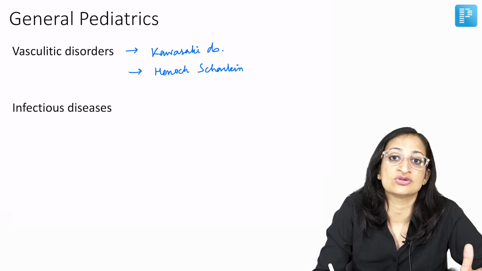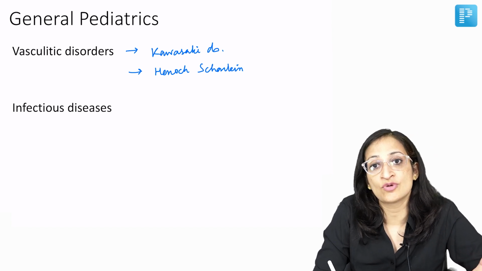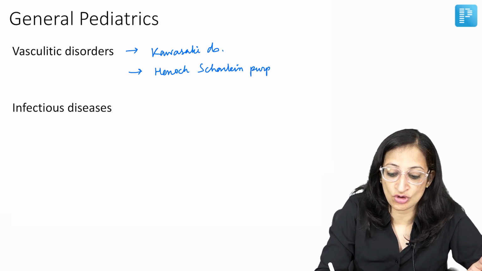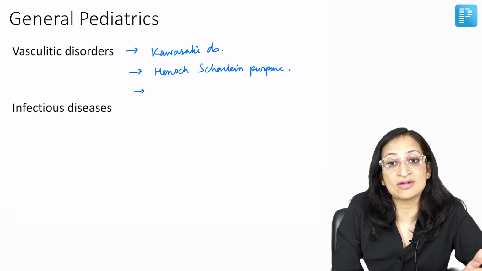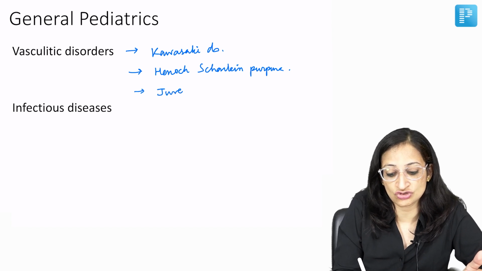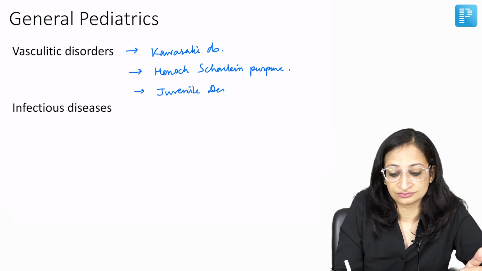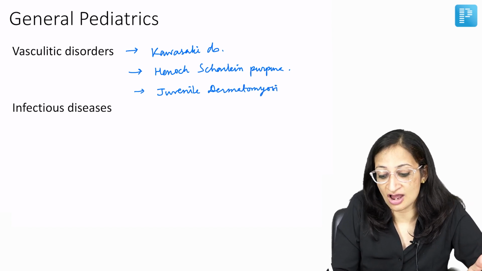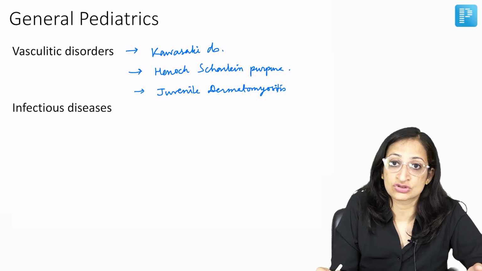A case scenario was given, you had to diagnose Henoch-Schönlein purpura and point out that steroid is used in its treatment. Many a times in the INI-CET pattern question, you've got case scenarios on juvenile dermatomyositis, and juvenile idiopathic arthritis, JIA, is also important.